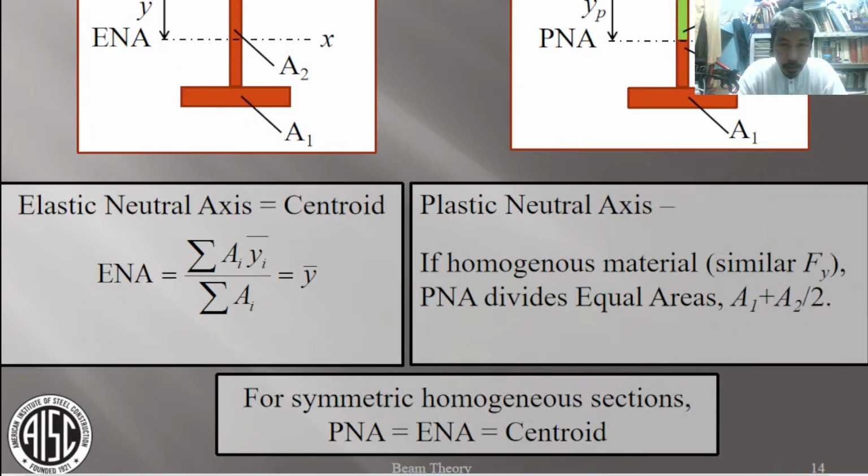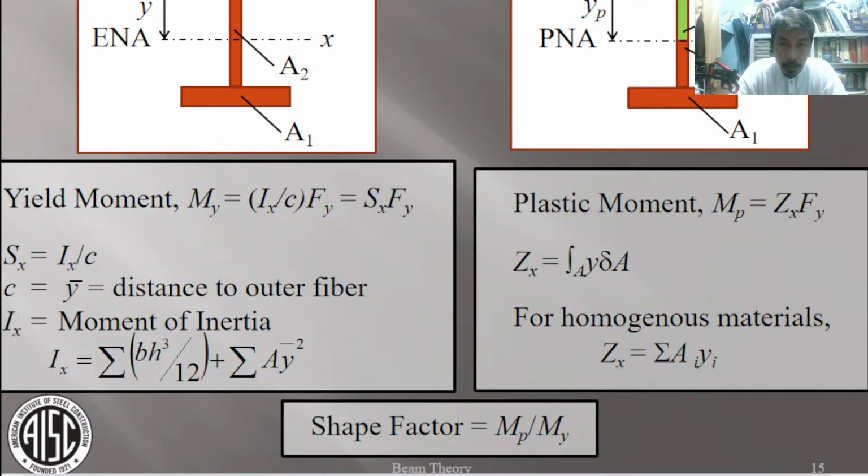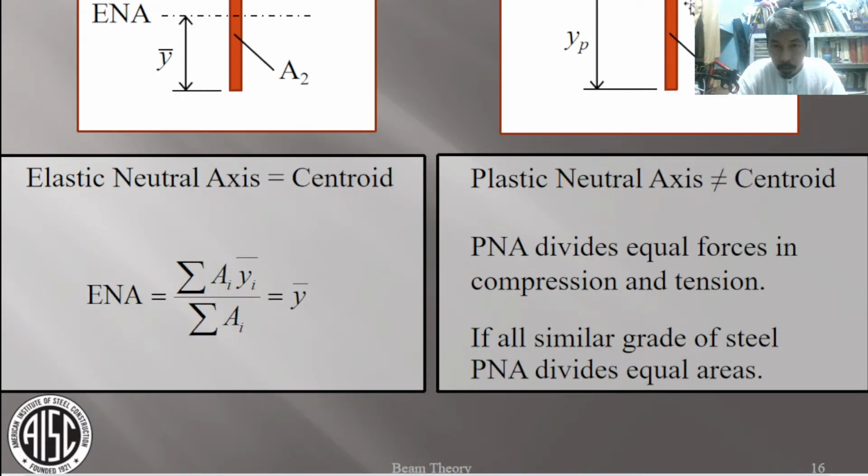As you can see here, you can compare. Now as you can see, the green portion is still on the plans, so PNA divides equal forces in compression and tension. Okay, for a possible grade of steel, PNA divides equal areas. That is a concept, and that is a logical use of mathematics and science.